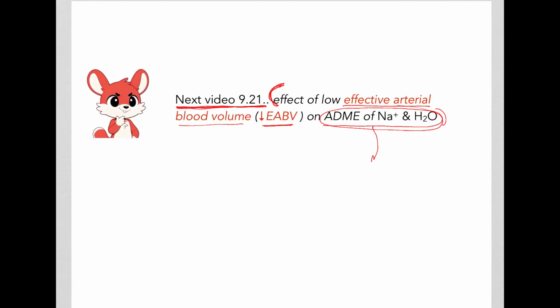This is going to be very important to understand hypo as well as hypernatremia, why your blood sodium goes up or why your blood sodium goes down.